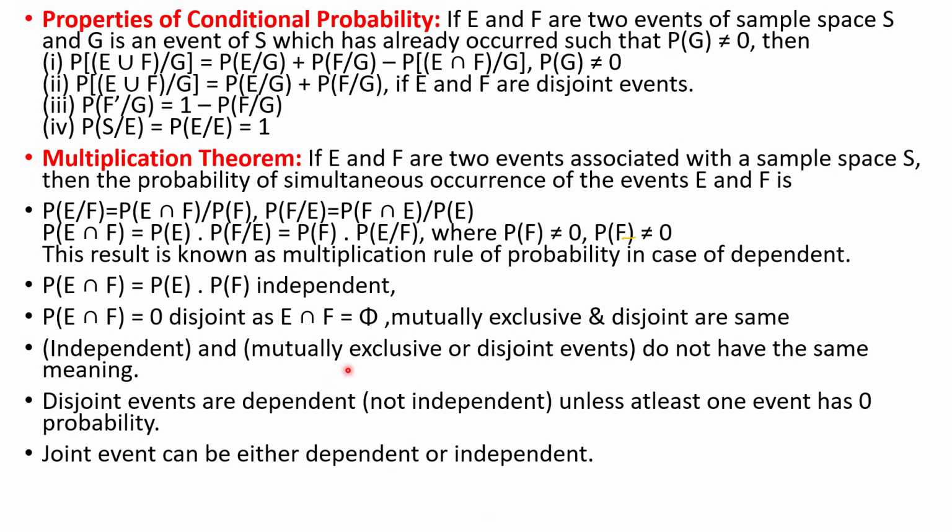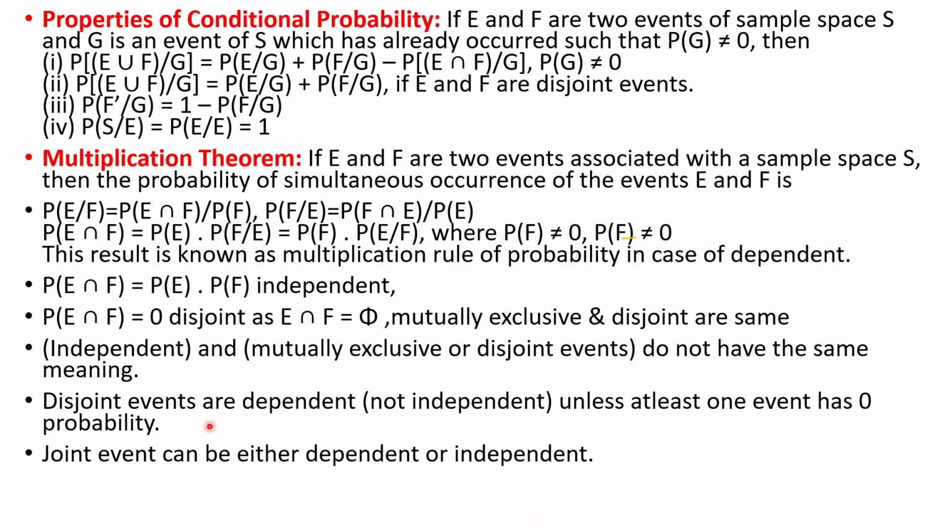Mutually exclusive as well as disjoint events, these two are the same. So mutually exclusive and independent events are not the same. Now, disjoint events are dependent, not independent, unless at least one event has zero probability.